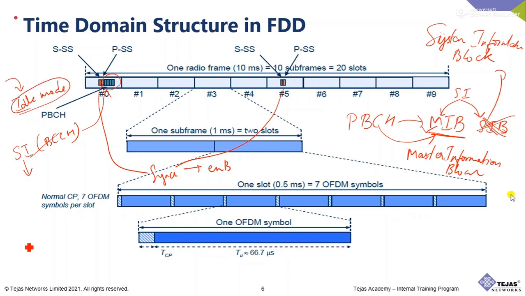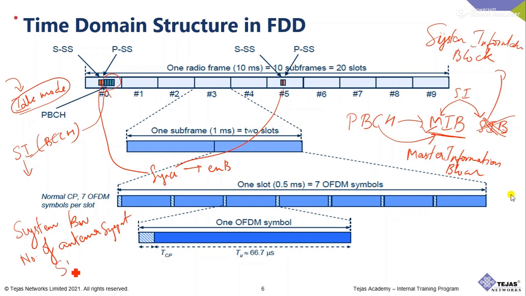So what is that information? The first thing I require is the system bandwidth. Very important is the system bandwidth. The next thing is the number of antennas it supports.